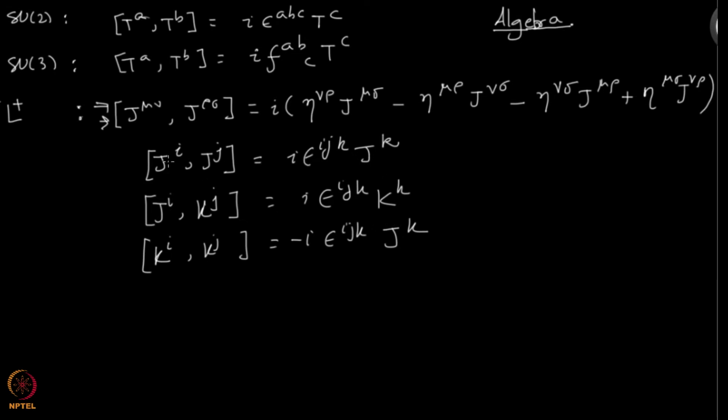So, you see that if you look at the J_i and J_j commutation relation, it gives you something which involves again a rotation generator. But if you look at the commutation relation of J and K, you have a K, but if you look at K with K, you get a J, a rotation.